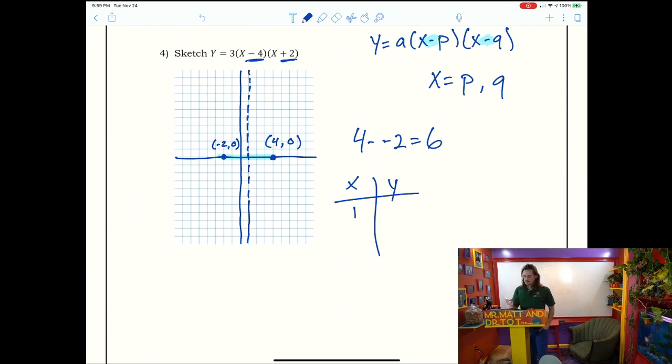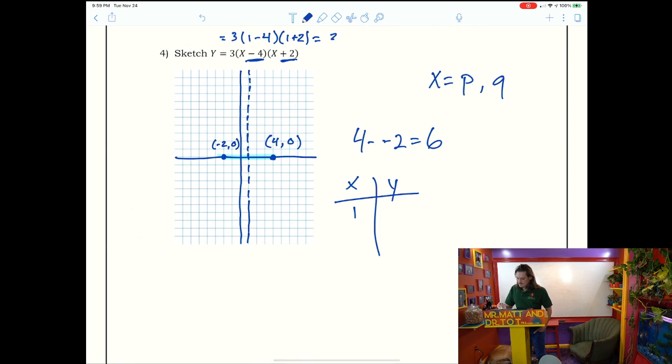So when x is equal to positive 1, I'm going to get 3 times 1 minus 1 times 1 minus 4 times 1 plus 2. We're substituting 1 in for x. That's going to give me 3 times negative 3 times positive 3. And that's going to give me a negative 27.